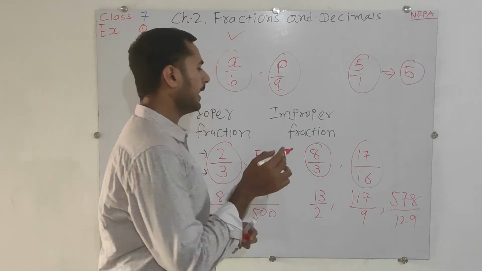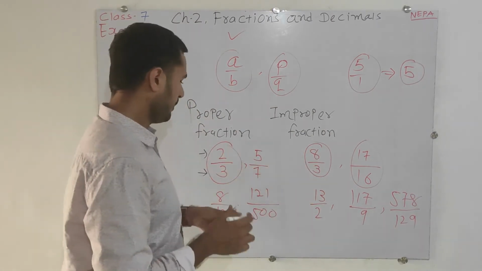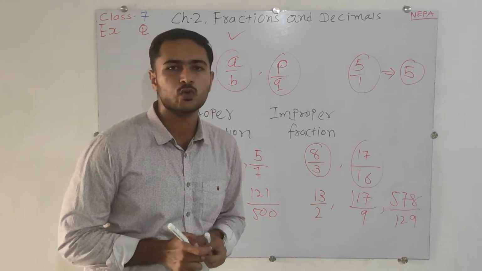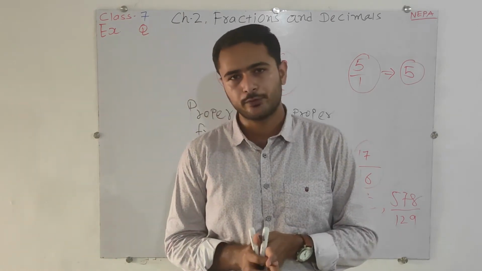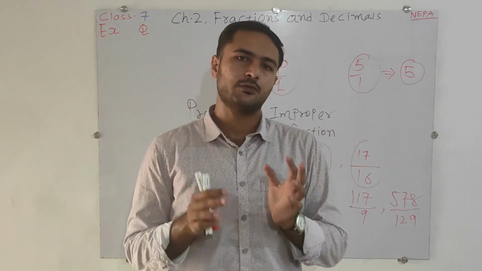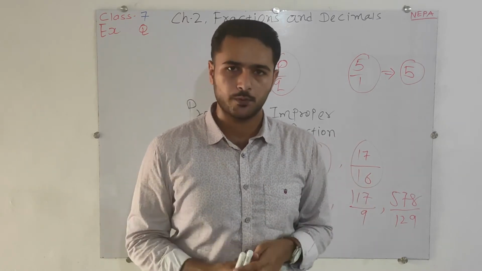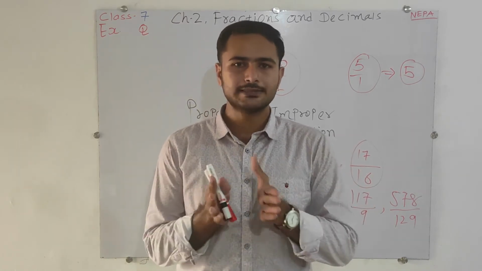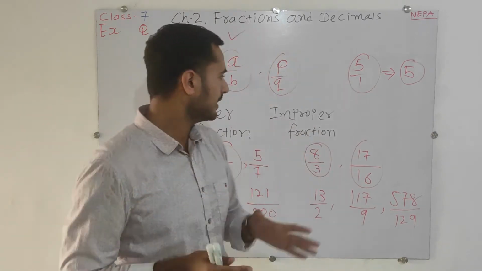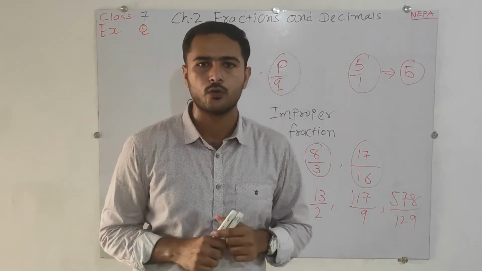These all are improper fractions and those were the proper fractions. So I hope now you understood what the proper and the improper fraction are. Whenever fractions are given, we just have to identify whether it is a proper fraction or an improper fraction. Before we start the new one, the mixed fraction, just pause the video and note it down.